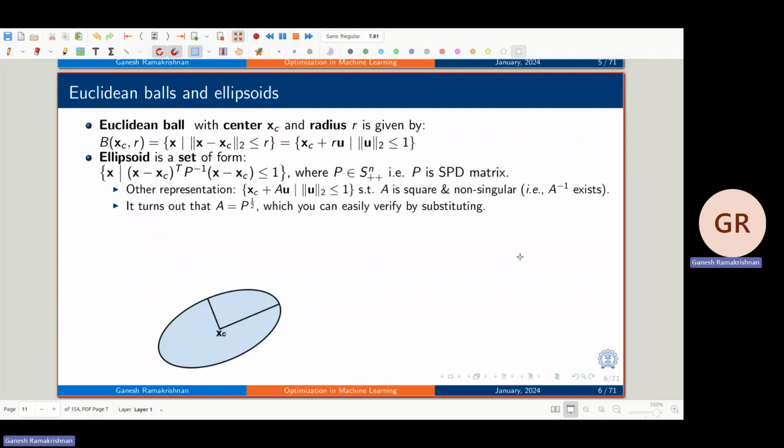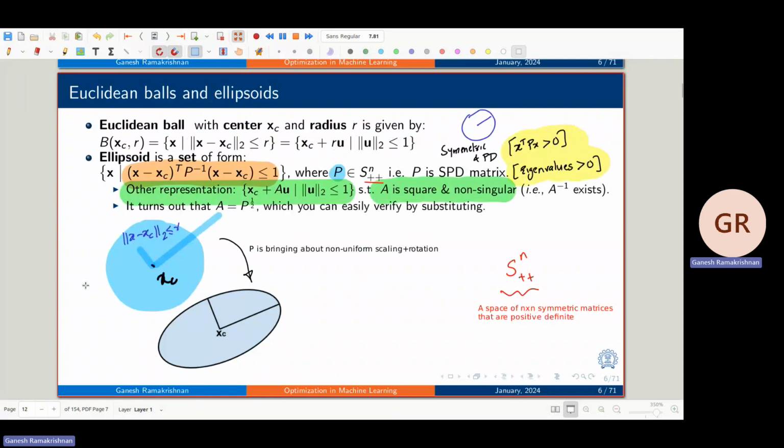All the eigenvalues of P are strictly greater than 0. So I'll just try and show this depiction here. Symmetric positive definite would mean eigenvalues greater than 0, which means X transpose P X would be greater than 0. So that will ensure that the scaling and translations are meaningful.